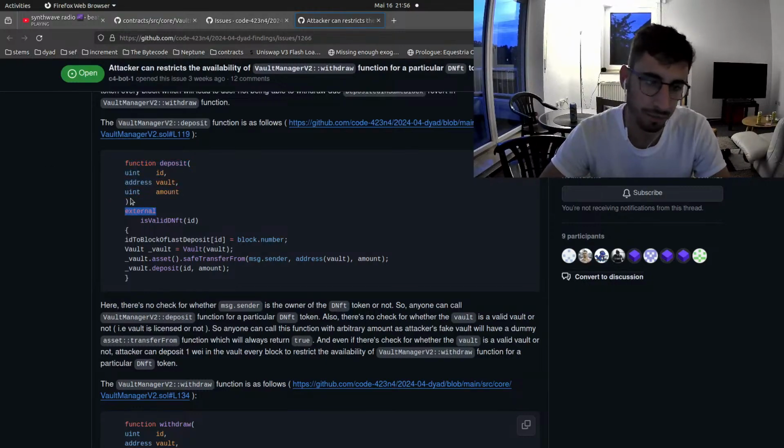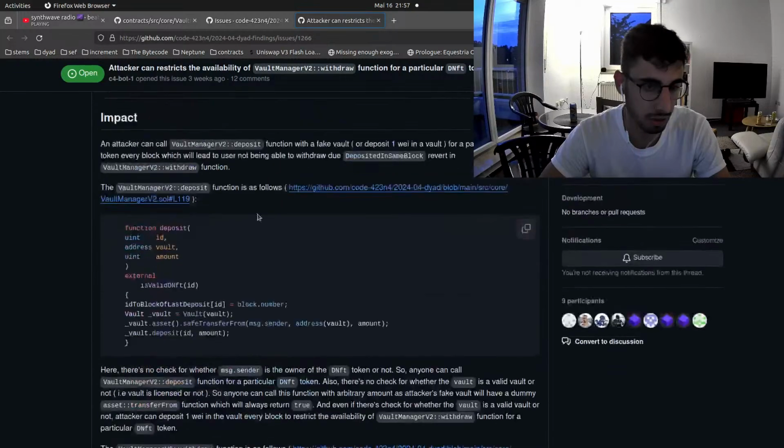So anyone should be able to call it, there's no damage that could be done. In the previous implementation, in V1, it was like this. This flash loan protection is new in V2. So the problem is you could put in anything and basically block withdrawals.